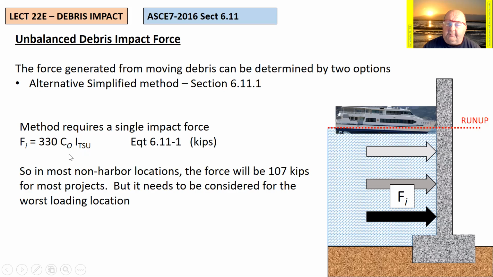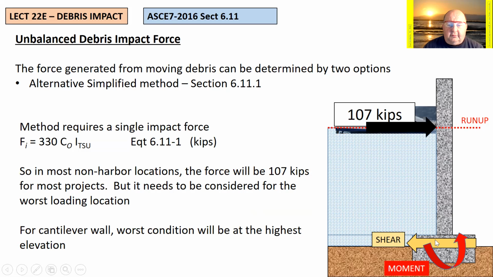So if we put those numbers together, one for I tsunami, 0.65 for C sub O, and we take that 50% reduction, we end up with a force of 107 kips. But we need to consider that it could be applied anywhere that will cause the worst situation in our structure.